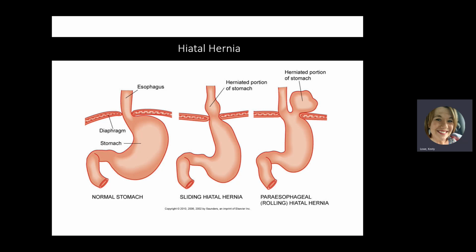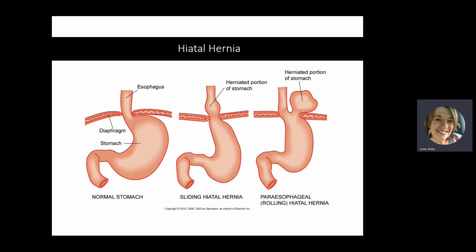So in that area as well, it kind of helps to hold the esophagus where it should and the stomach where it should. But if we have increasing pressure in the stomach or around the stomach in that area, it can push the stomach in areas it should not be in. So we have the diaphragm and the esophagus and the stomach.